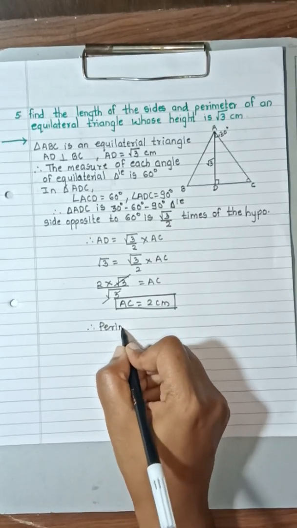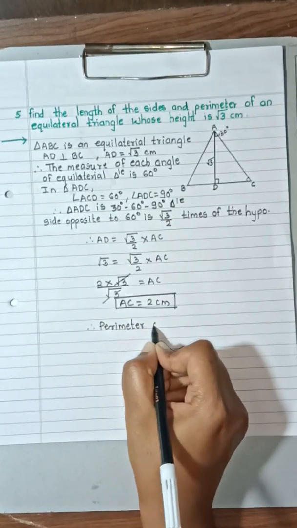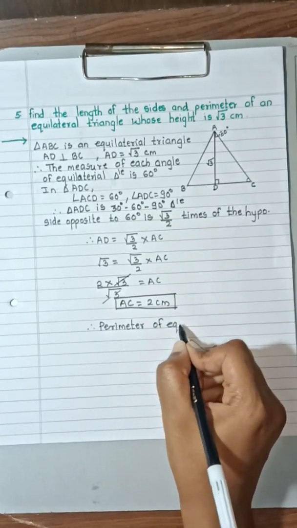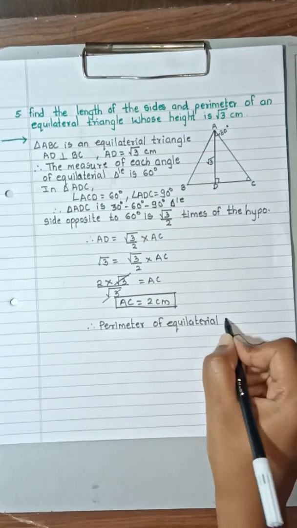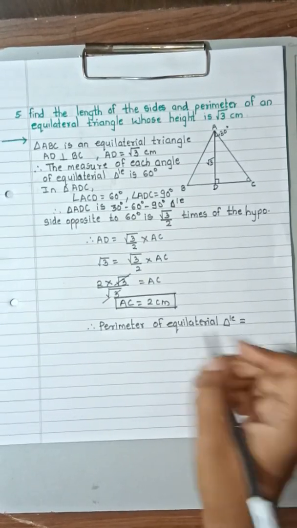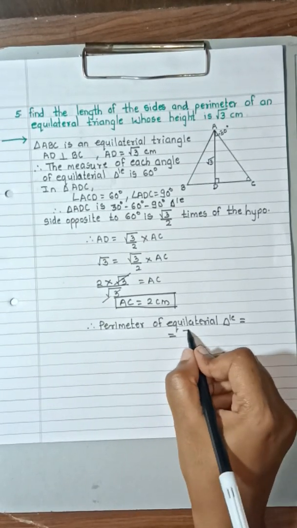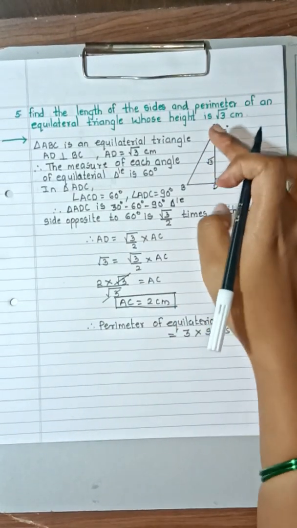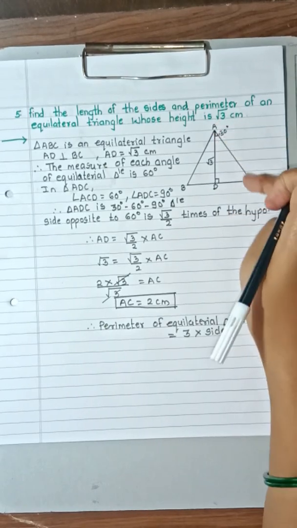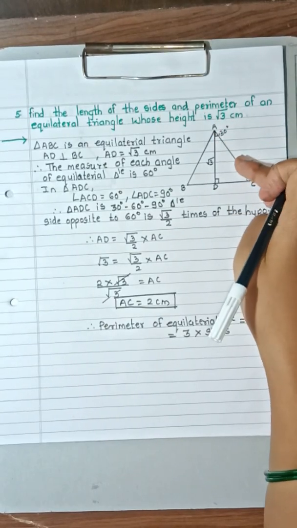Now we have to find out the perimeter of the equilateral triangle. Therefore, perimeter of an equilateral triangle is equal to 3 into side. Okay, 3 sides, AB, BC and AC. So you have found out AC, that is 2 centimeters.